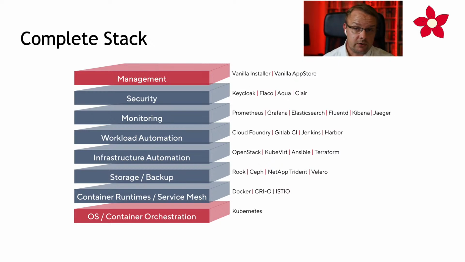If you don't want to run OpenStack, you would perhaps want to leverage a little bit less functionality, you can utilize KubeVirt with VanillaStack. And since VanillaStack is internally using Ansible and Terraform, those frameworks are at your disposal as well.